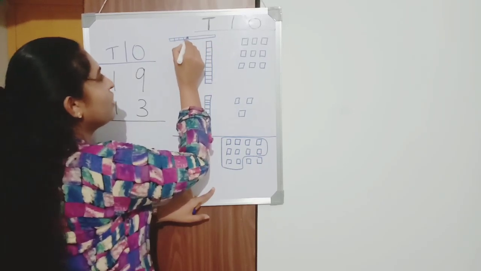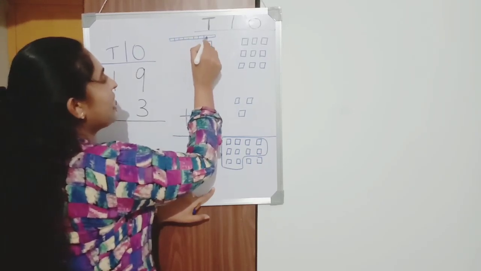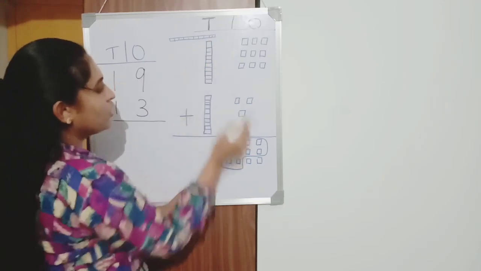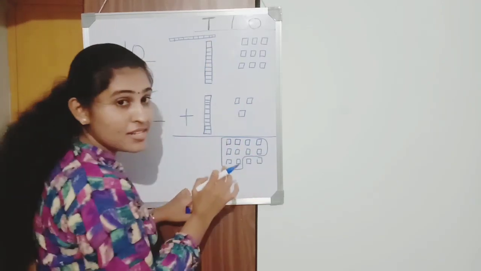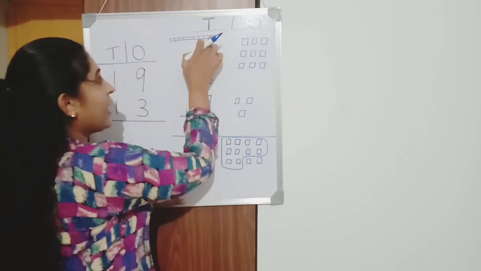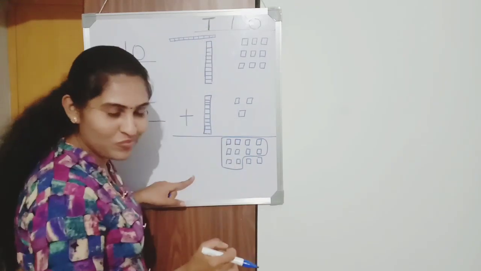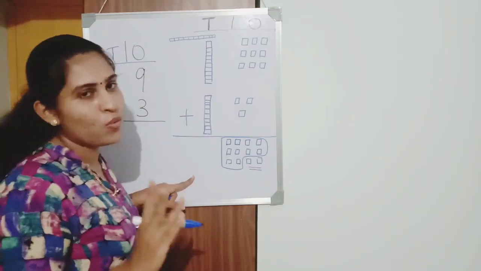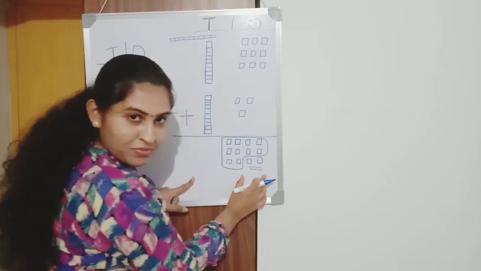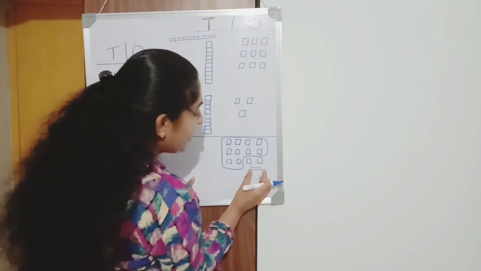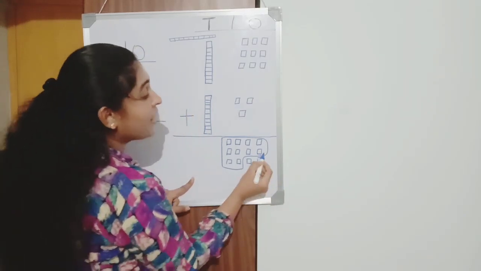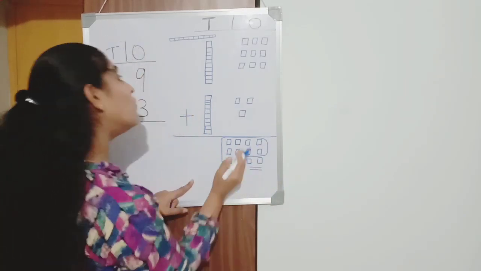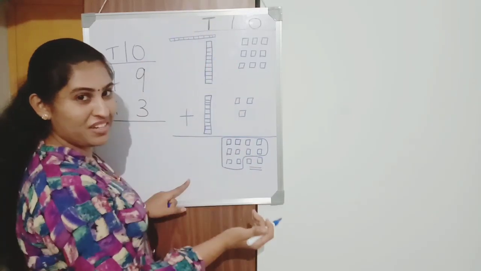So this 10 ones will carry over as 1 ten here. The remaining ones, how many ones are there? 2 ones we should write here.